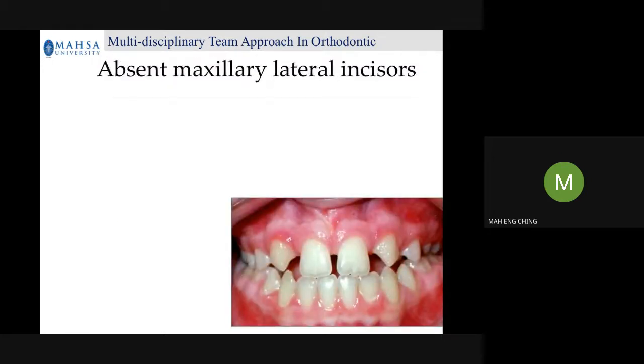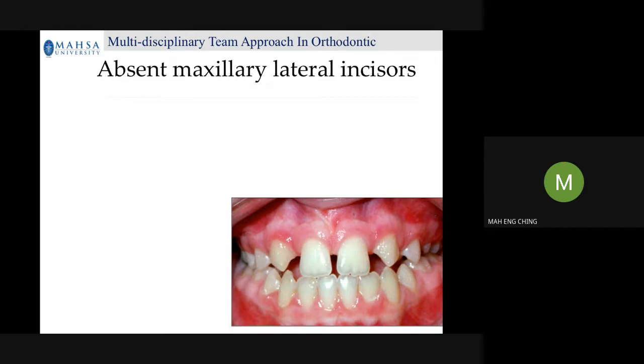Okay, so we're going to talk about this very common thing, which is a maxillary lateral incisor missing. Missing 1, 2, or 2, 2. So if you go back to the lecture I gave before, you know the most commonly missing teeth are upper 2, lower 5, and even the third molar.